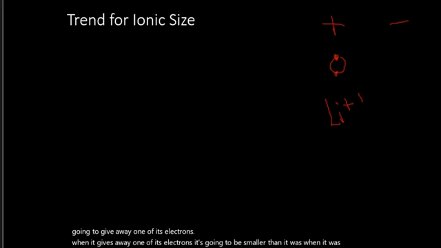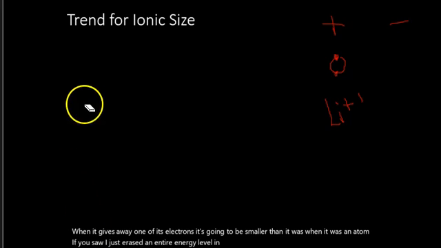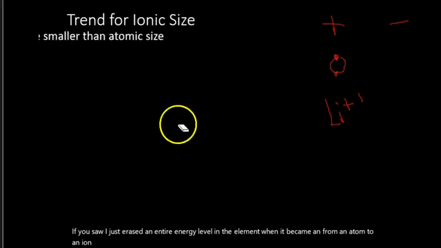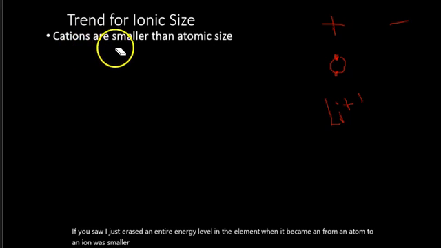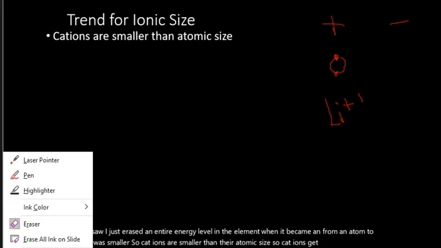If you saw, I just erased an entire energy level, and the element, when it went from an atom to an ion, was smaller. So cations are smaller than their atomic size.